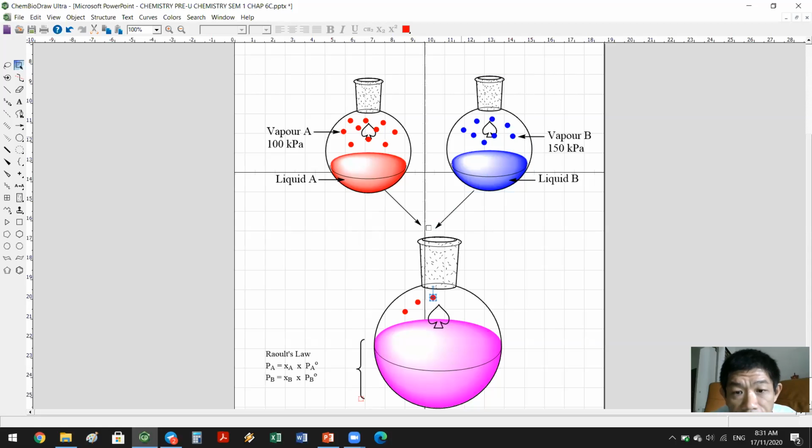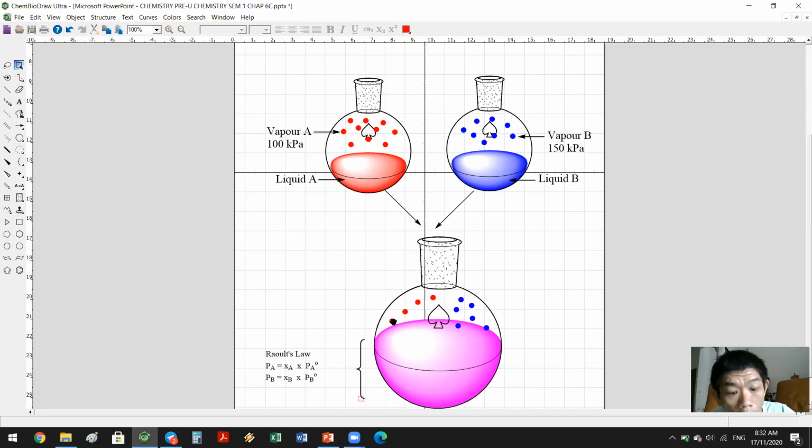Okay, so you see here, inside this mixture, you have liquid A and liquid B. Now each of these individual liquids vaporize to give vapor A and vapor B individually. Don't forget because B can vaporize more, you shall expect more vapor B, which is the blue dot, compared to vapor A. Why?